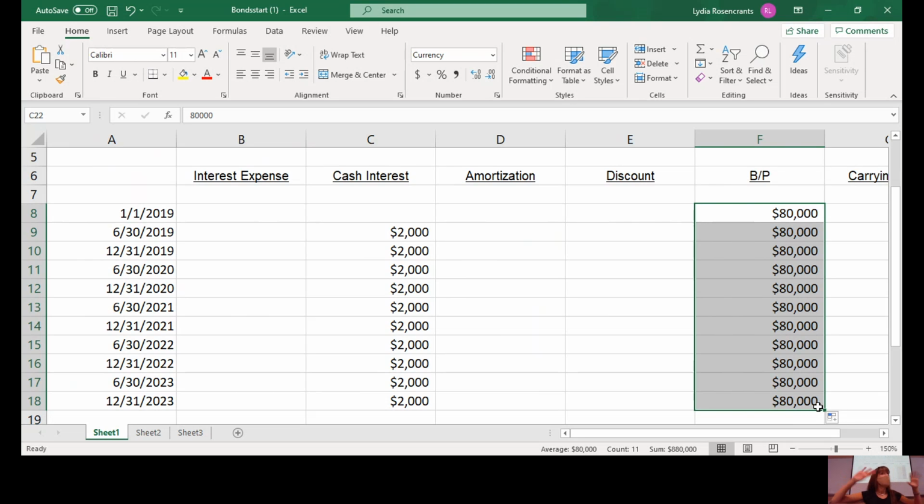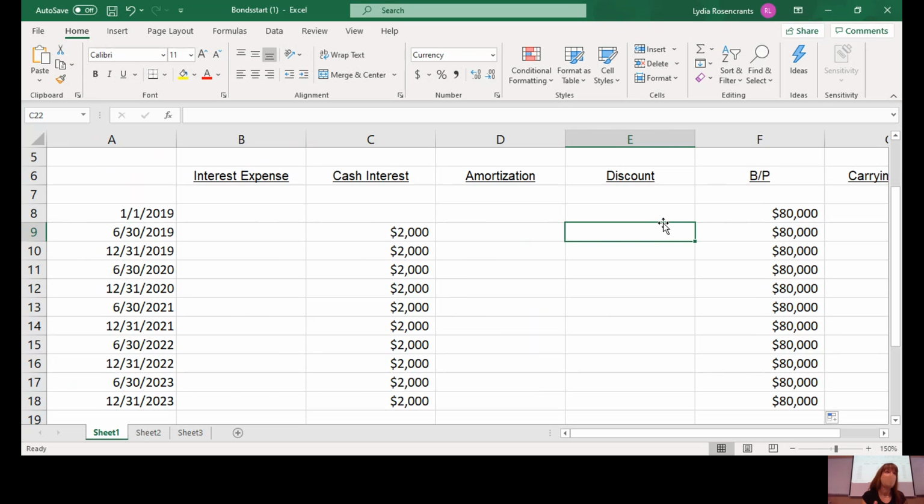We adjust the market adjustment account for the fair value, but we never change the short-term investments themselves. This is the same thing. The bonds payable are put on at their maturity value, and we leave them alone until we take them off. The way that we adjust for the present value is through the discount. Just like the market adjustment account, the discount helps us know what the bonds are truly worth, okay?